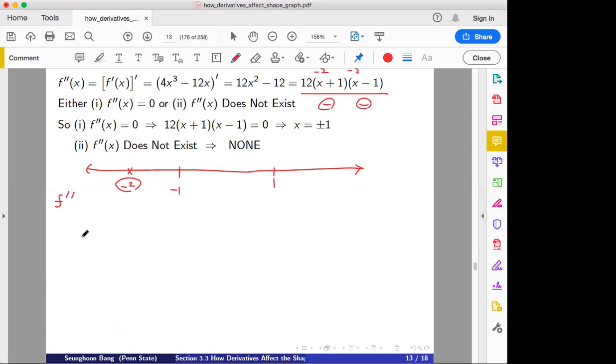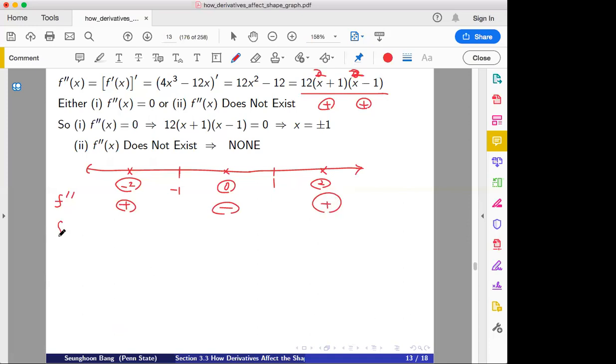The negative times negative, the second derivative is positive. I can choose 0. You plug 0 in here: 0 plus 1 is positive, 0 minus 1 is negative. This is negative. You can choose 2. You plug 2 into x. Positive, positive. We have positive 1. This is the whole idea.